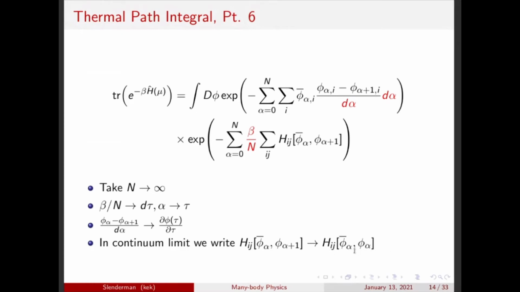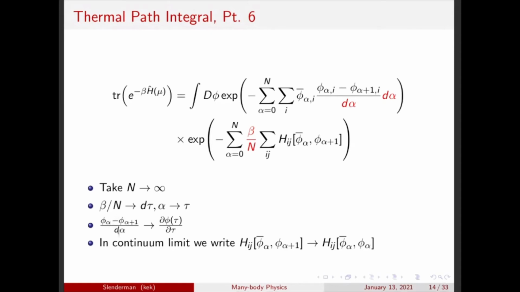What that means is that we are assuming that these fields phi are smooth enough that in this continuum limit, they do not vary too quickly with time. And that is suggested by the presence of this tau derivative, or this alpha derivative here.